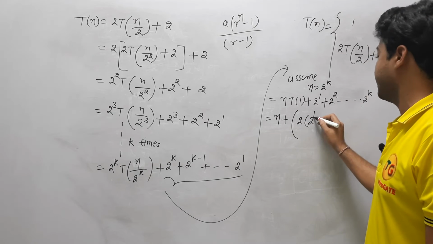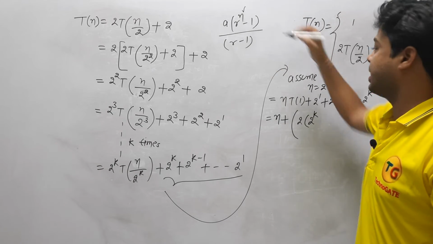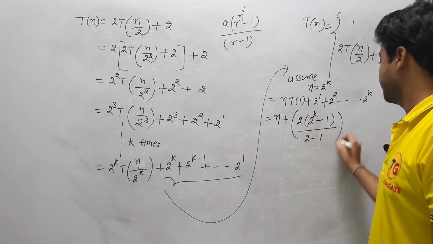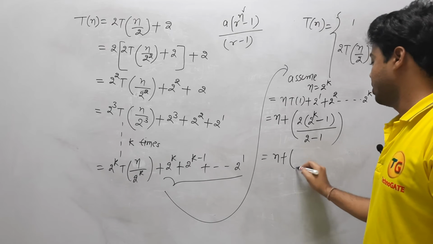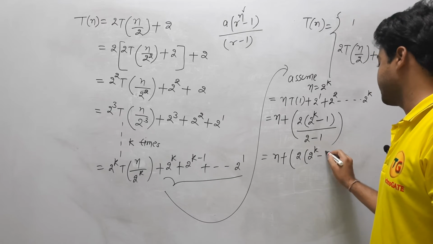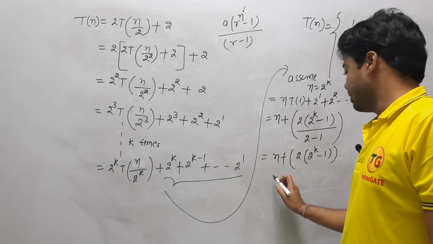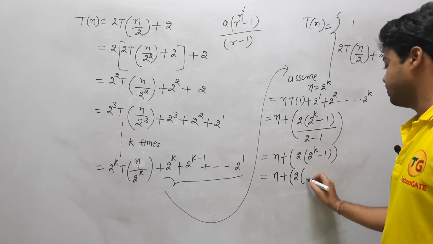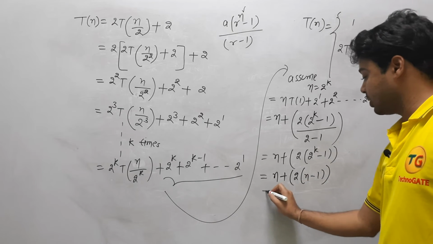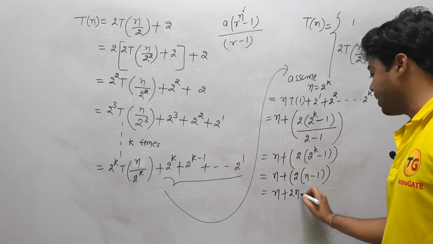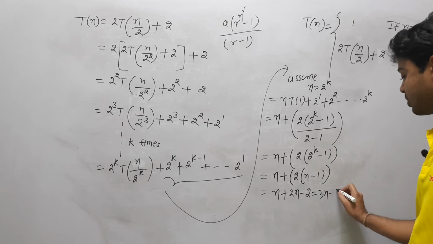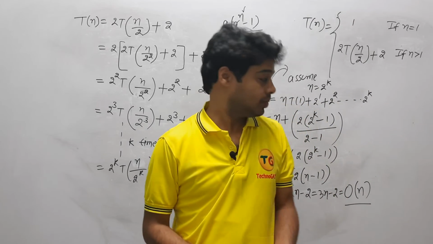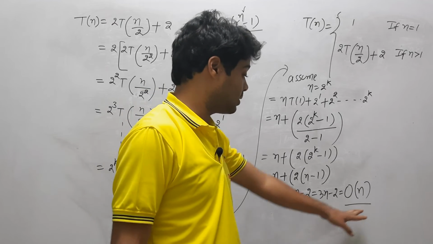The number of terms is k, and the last term is n. So we get n + 2(2^k − 1)/(2 − 1). Since 2^k is n, this is n + 2n − 2, so 3n − 2. This is the upper bound on n: the higher order term of 3n is n.